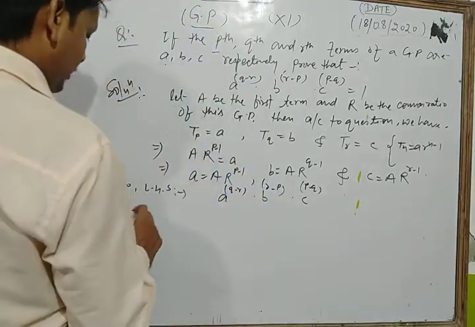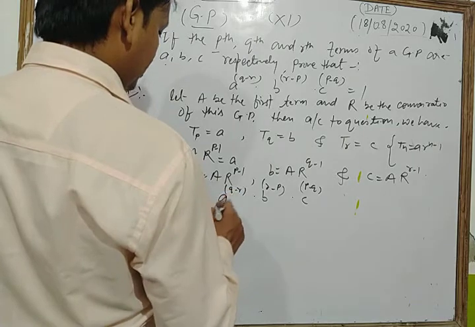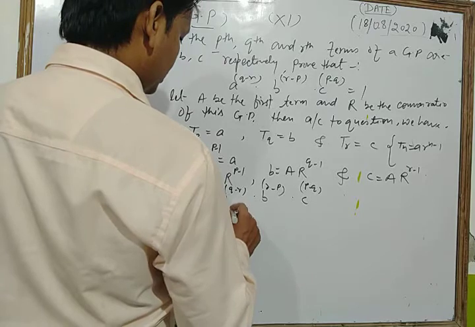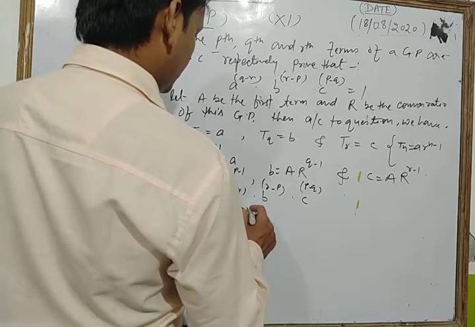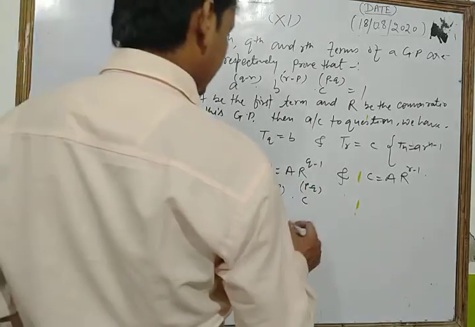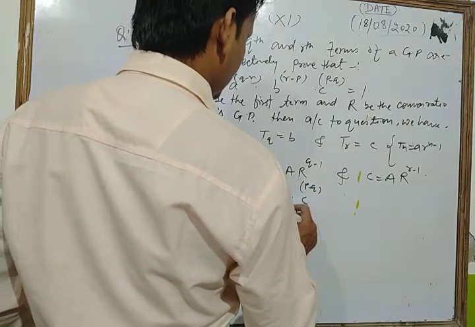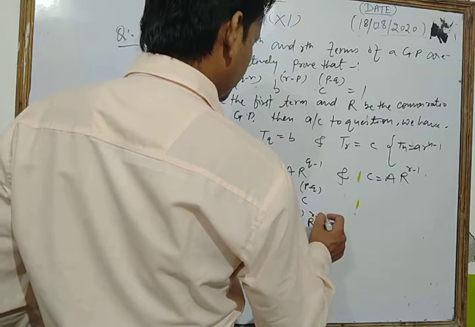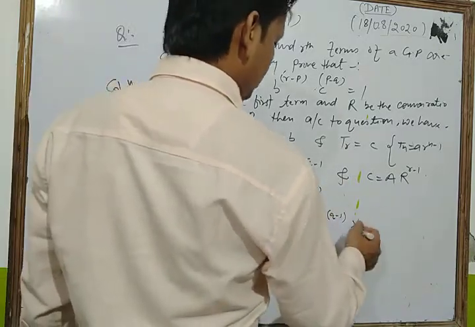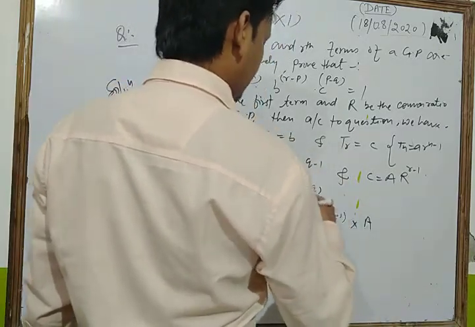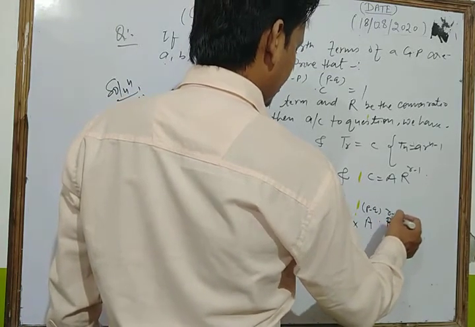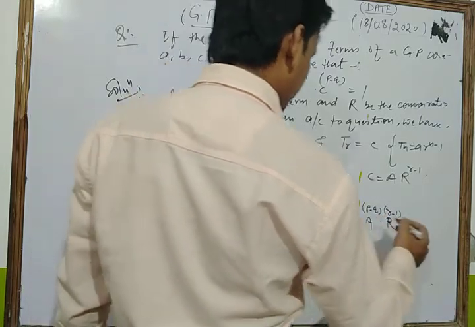The value of a gives A to the power q minus r into r to the power q minus r into p minus 1. Similarly for b, we have A to the power r minus p into r to the power r minus p into q minus 1. Similarly for c, we have A to the power p minus q into r to the power r minus 1 into p minus q.